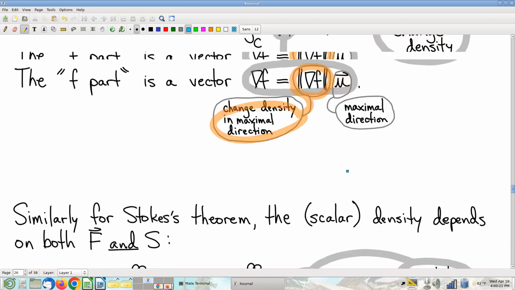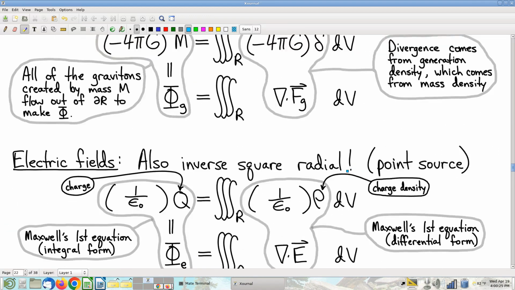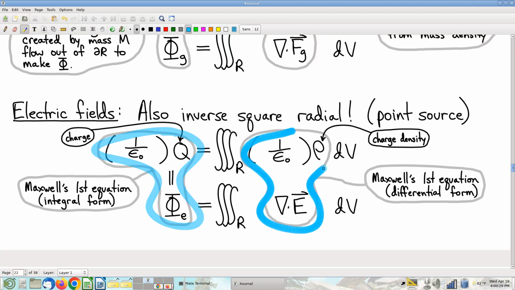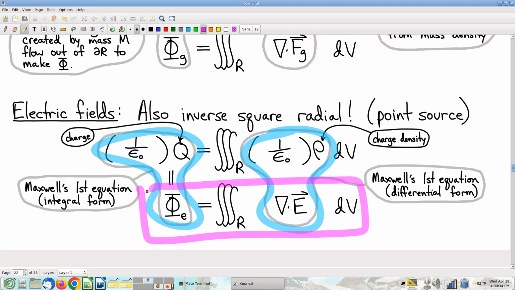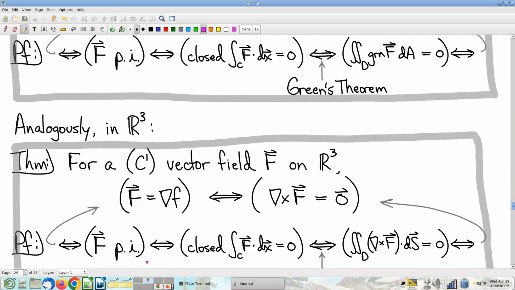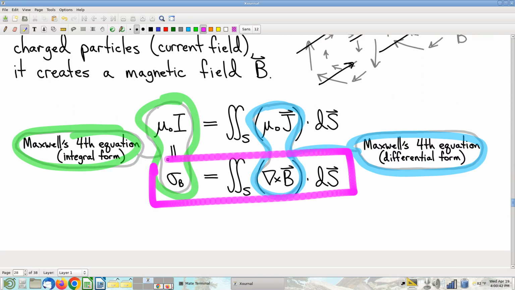In the same way that, going back several pages, these two equations are morally the same equation, related by the divergence theorem, likewise these two equations are related by way of Stokes' theorem. So yeah, these are Maxwell's fourth equations.